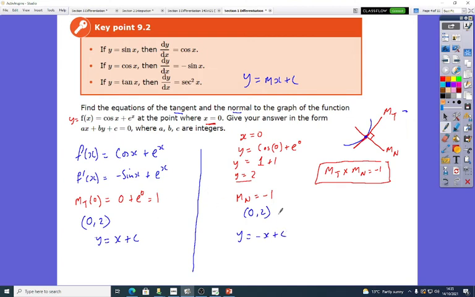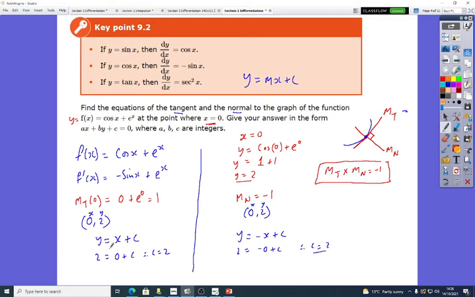Now they both go through the same point, so I'm going to just sub that in. Now I'm just going to put x, y, just so that I'm putting it in the right order. That's a misconception, that kids put it in the wrong order because they just see that as 0 straight away. So be careful. So y equals 2, x is 0, plus c, therefore c must equal 2. And in this case, the same thing, put 2 there, put 0 there, plus c, hence c equals also 2 here.